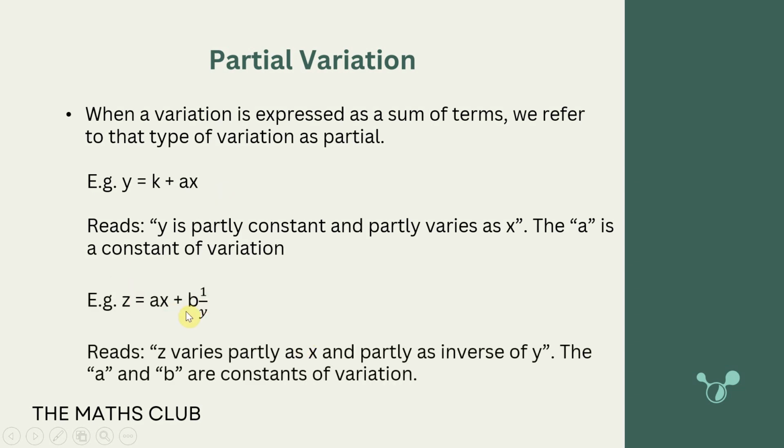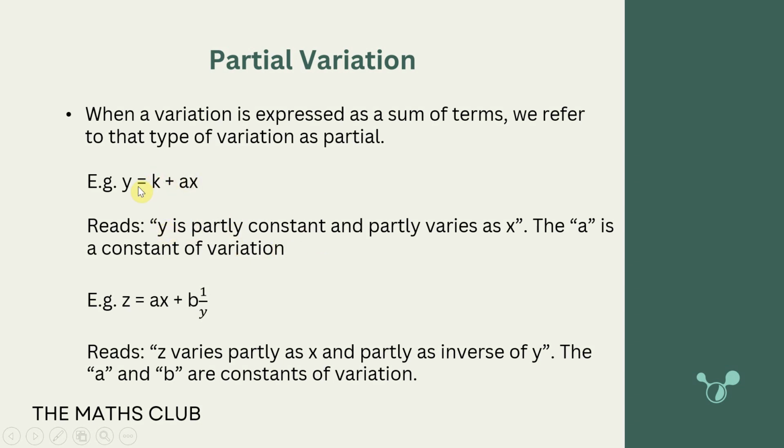If you look at this other one, this was just constant k. There was nothing after it. But in this case, this a is a constant, this b is a constant. This is read as z varies partly as x and partly as the inverse of y. The reason why this one just said y is partly constant is because this k is a constant. There is nothing else.